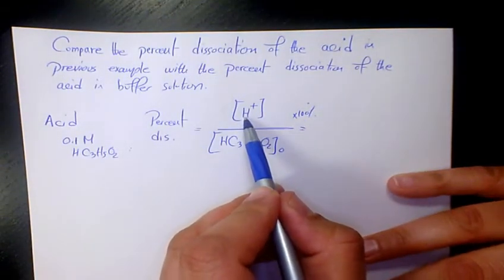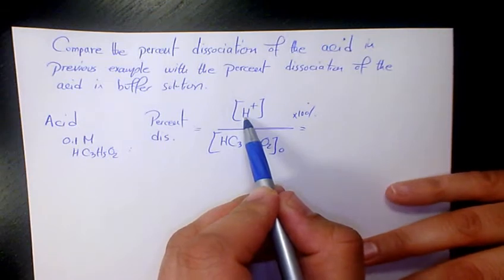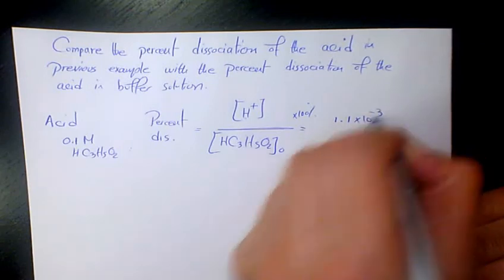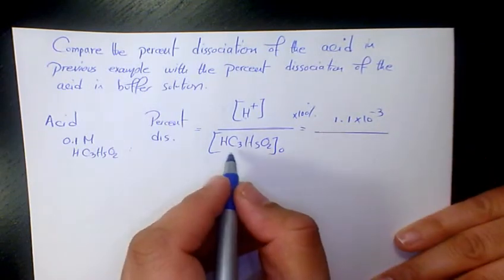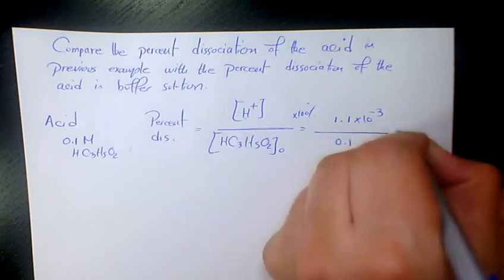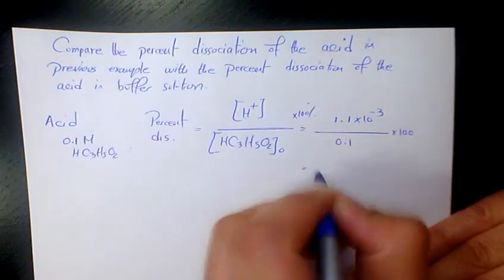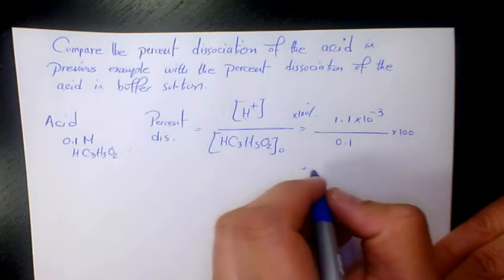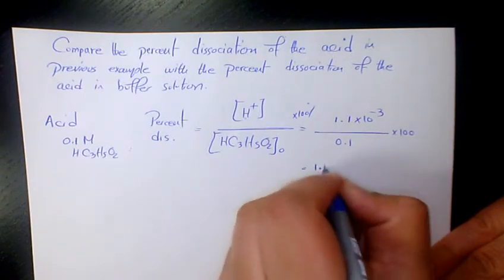The H plus concentration, or proton concentration, in the previous example was 1.1 times 10 to the power of negative 3, divided by the initial concentration, which is 0.1, times 100. That's going to give me 1.1%.